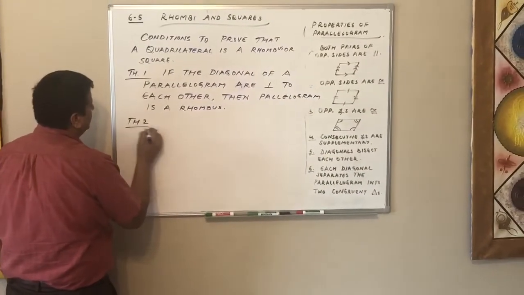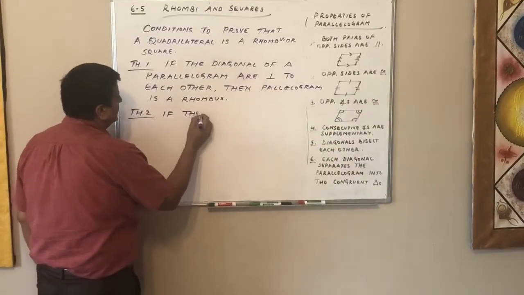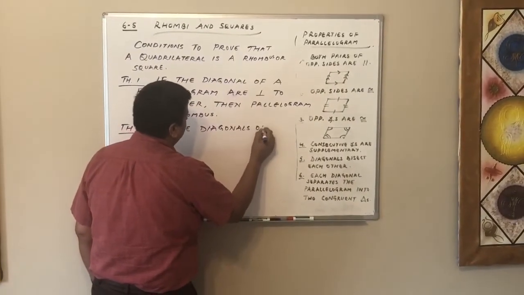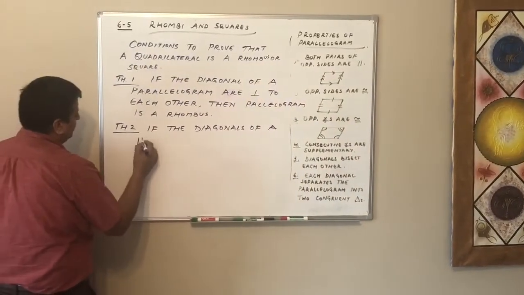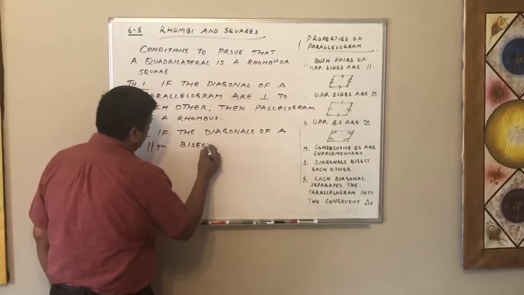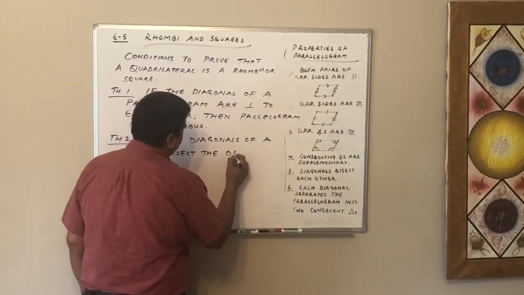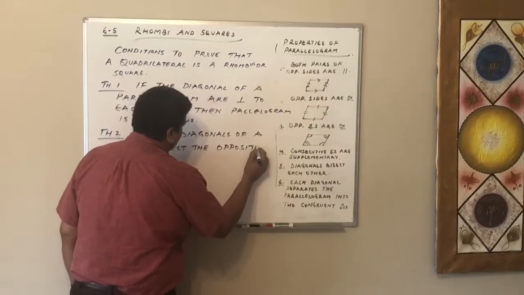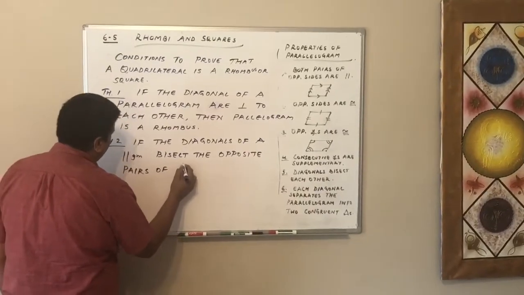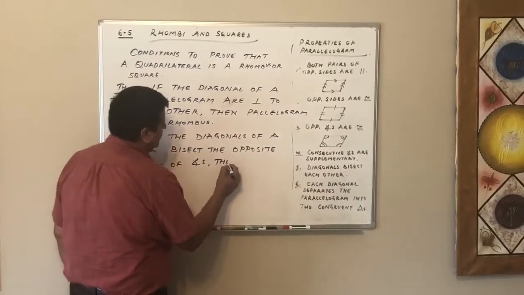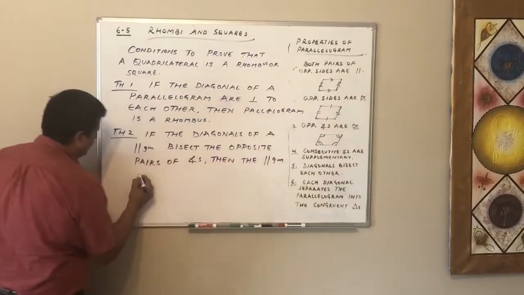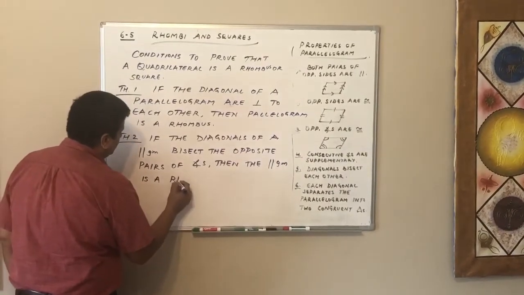Second theorem, if the diagonals of a parallelogram bisect the opposite pairs of angles, then the parallelogram is a rhombus.